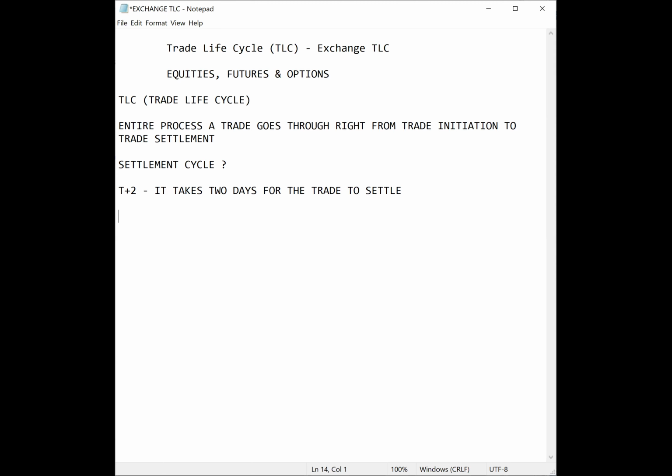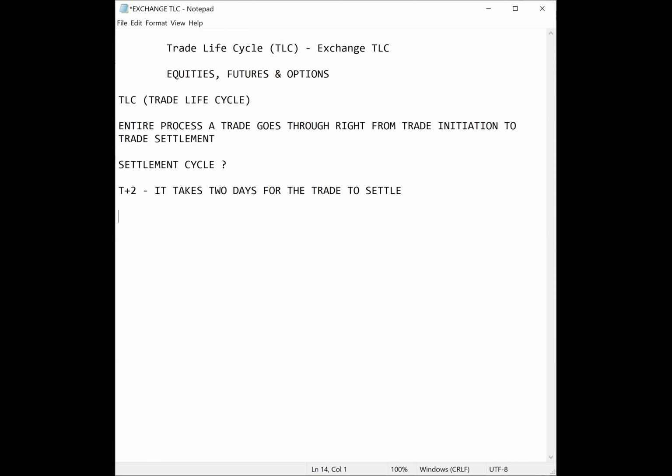Some markets may follow T+3, some may follow T+10. That depends upon the level of infrastructure and technology available in that market. But most markets, including India, follow T+2. That means it takes 2 working days for the settlement of the trade to take place.